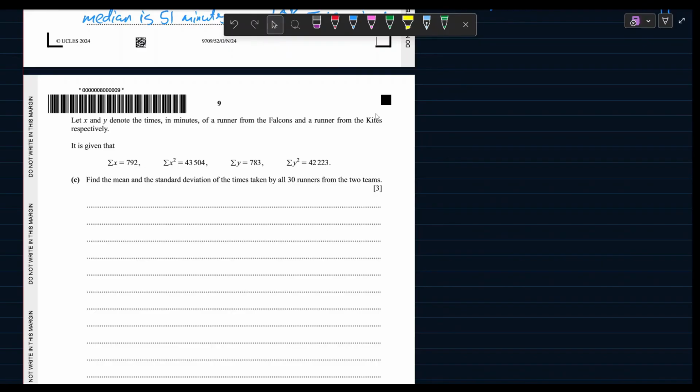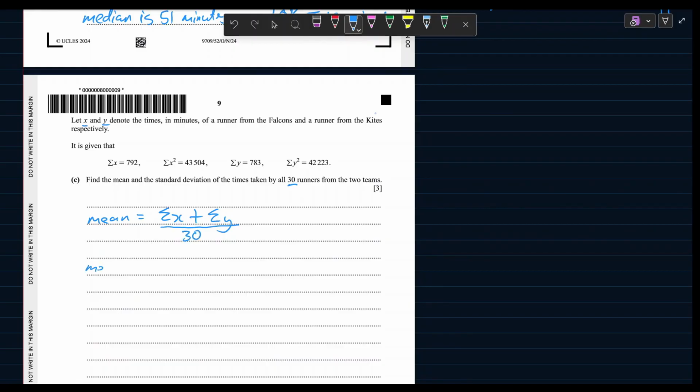Okay, so this is combined mean and standard deviation. So our combined mean is equal to the summation of all the times from the Falcons, so the summation of X, plus the summation of all the times from the Kites, so that's the summation of Y, and this is all over the total number of runners, which is 30.